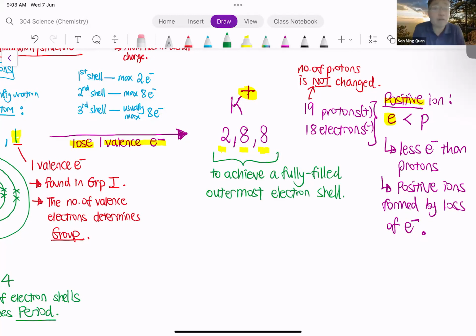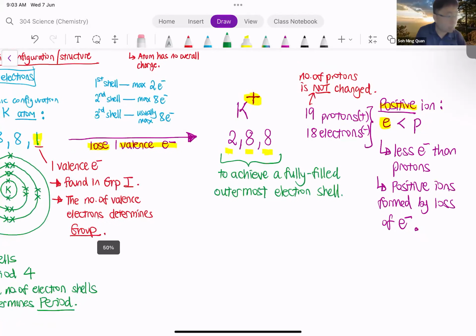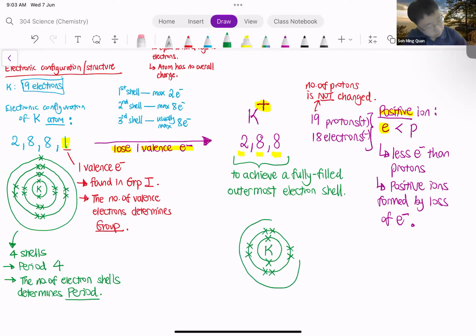And finally, to draw it out is quite straightforward. Once you can work out 2, 8, 1, it goes from 2, 8, 8. Now it's an ion, so you need to put square brackets and put the charge outside. It's positively charged because it lost electrons.